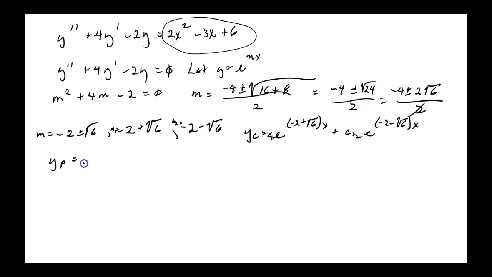And we'll assume ax squared plus bx plus c. There's our assumption, that your particular solution that will produce this g of x will be that. Now, if that particular solution does work, then we have to do our yp prime, which would be what?